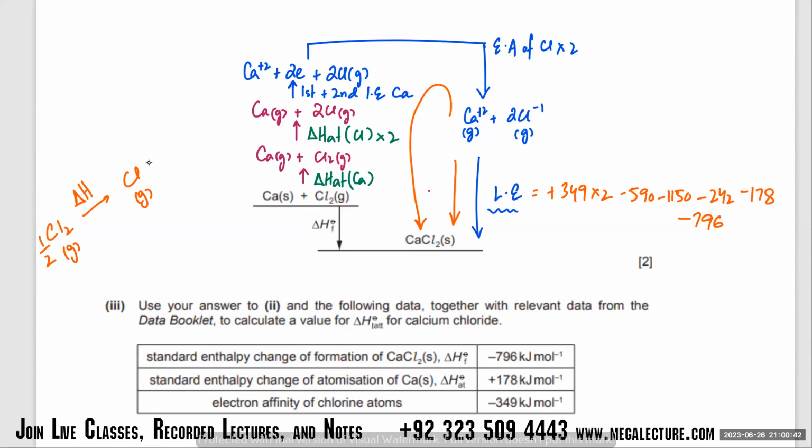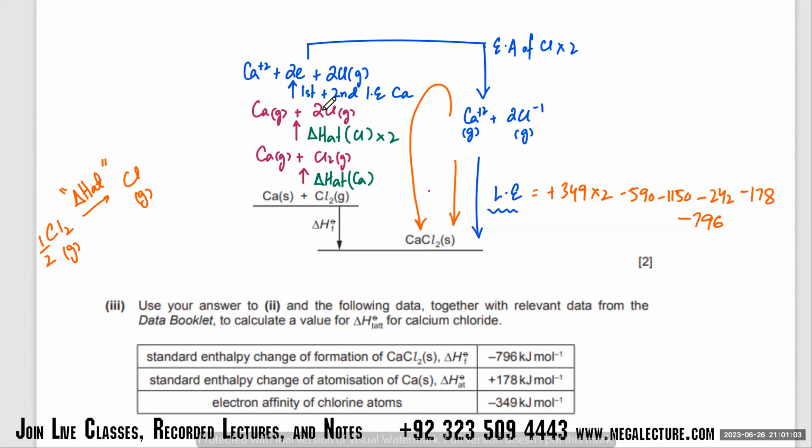Is that clear? Yes, sir. So how many bonds are you breaking? You're breaking a Cl-Cl bond, but you're breaking half a mole of it, so it's half the bond energy of Cl-Cl. But over here, how many Cls do you want to form?